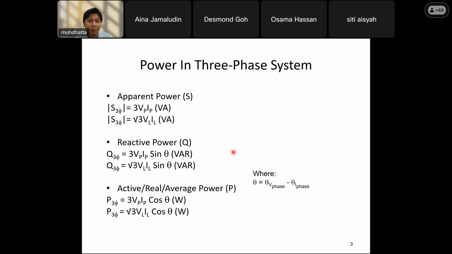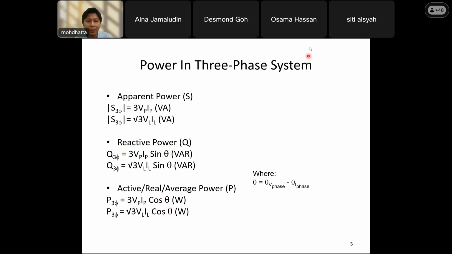We have reactive power. If you consider using the phase quantities, we have 3 times V phase I phase, meaning that this is single phase, and we multiply it by 3 to get the total three-phase reactive power information. The same goes for active, real, or average power, so you will have 3 times V phase I phase cos theta.